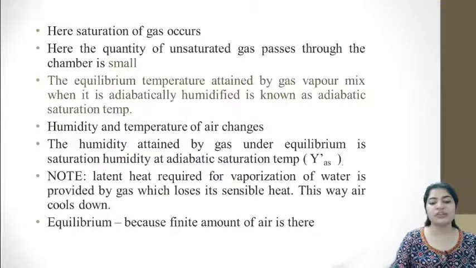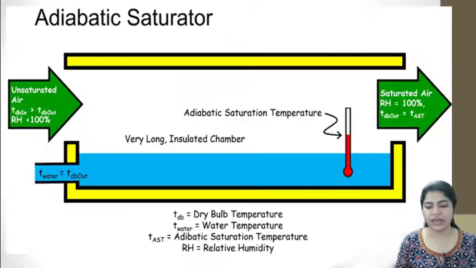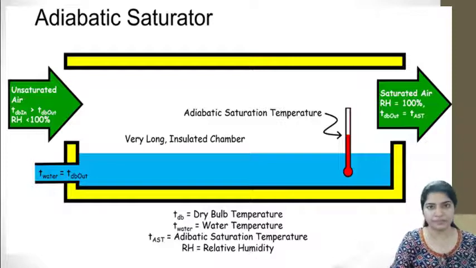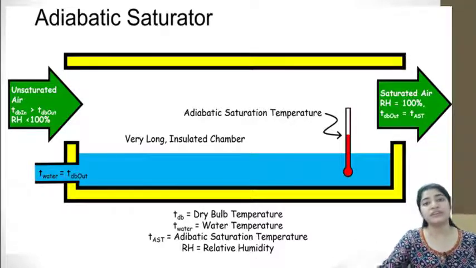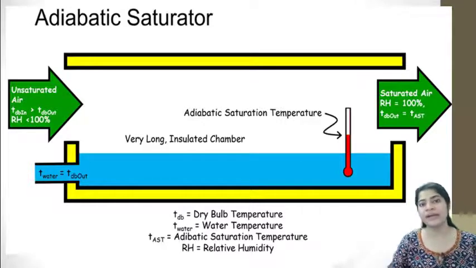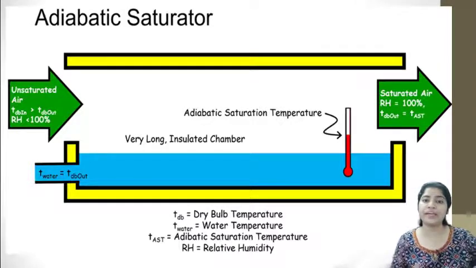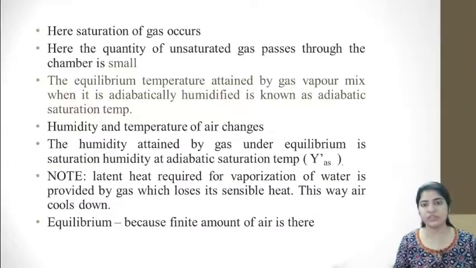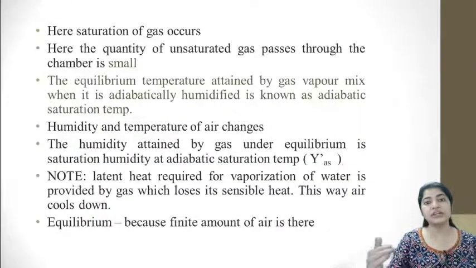That is supplied by the air. As the air is at a higher temperature than the water temperature, transfer of latent heat will occur. As latent heat is supplied by the air, the air will lose that amount of heat, and hence it will cool down.